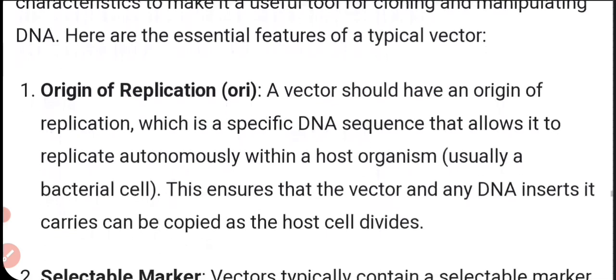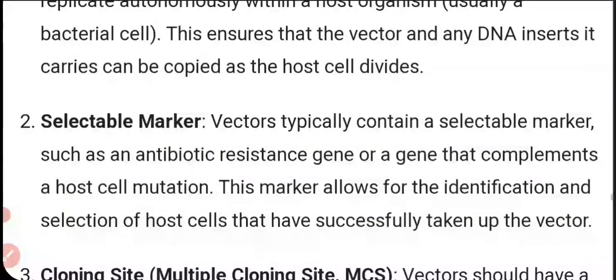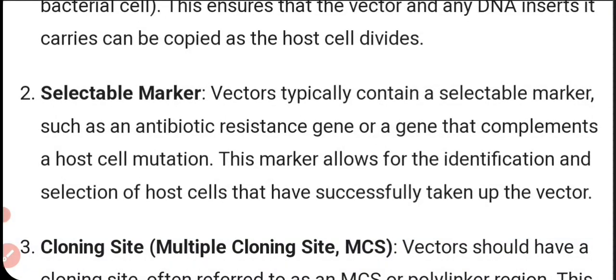It should have an origin of replication, the DNA sequence that allows it to replicate automatically within the host organism. Selectable markers: some antibiotic resistance should be in that vector.